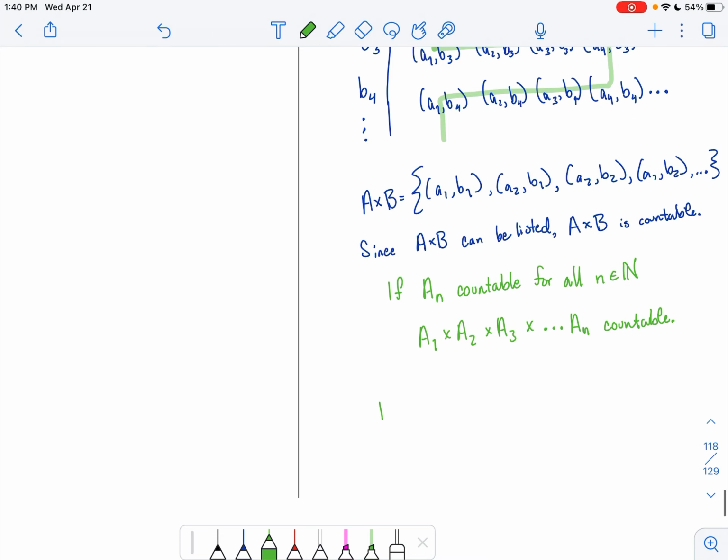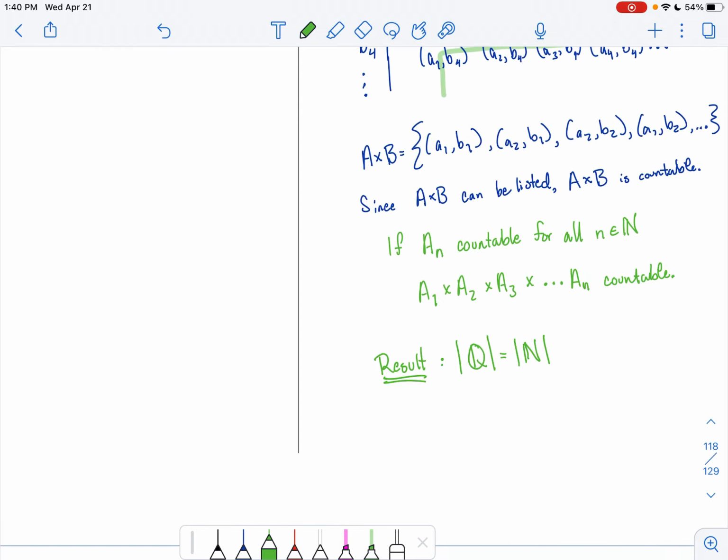One other important result of this, as I said, is to show that the rational numbers are countable. So just like the integers, their cardinality is equal to the natural numbers.